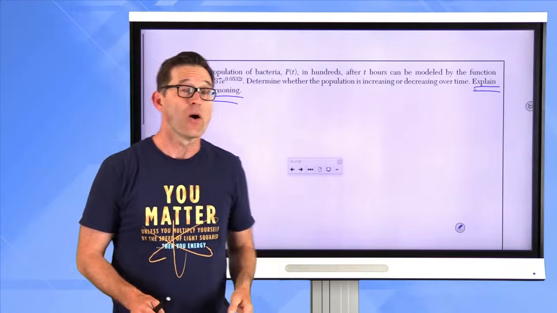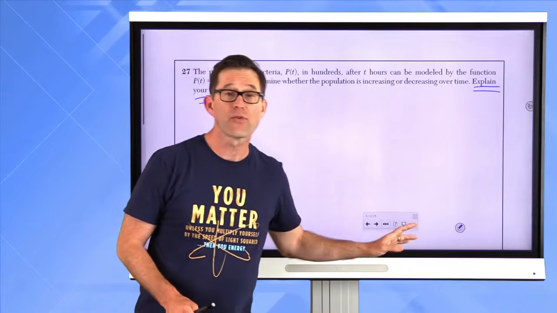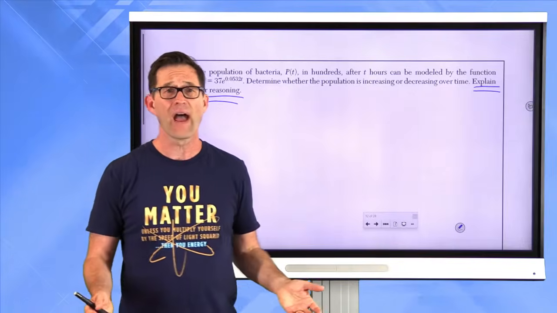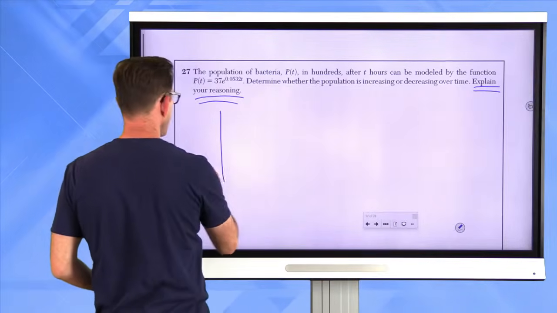Now, that being said, there are a lot of different ways to do this. One way to do it is put it in your calculator, graph it, get a graph, and the graph will look something like this.